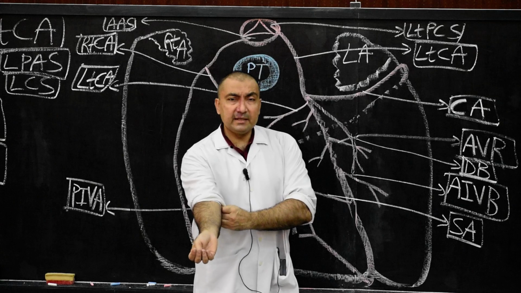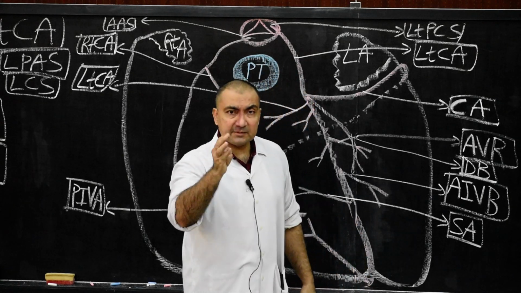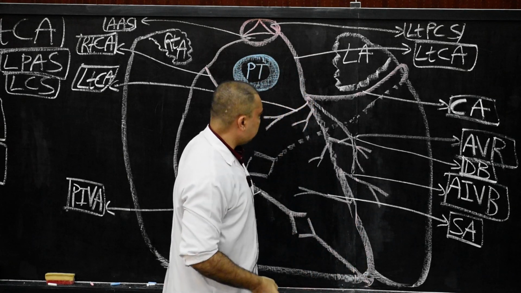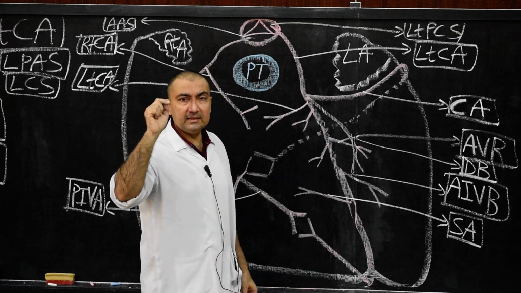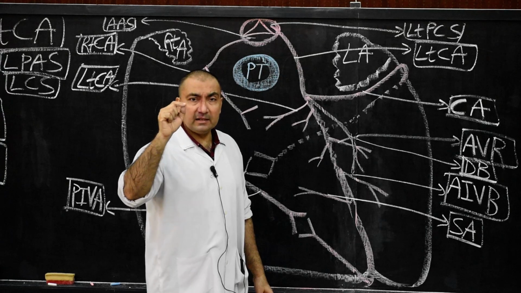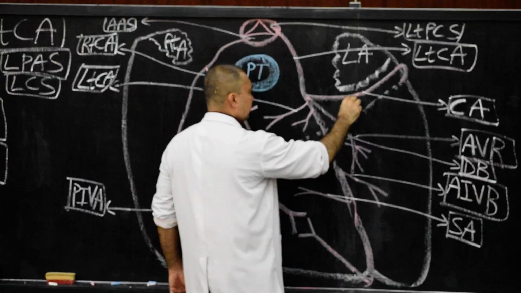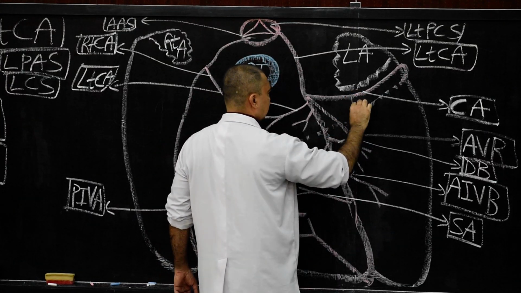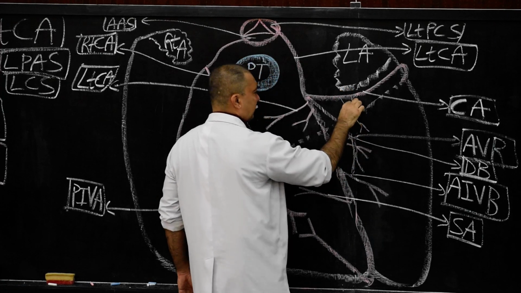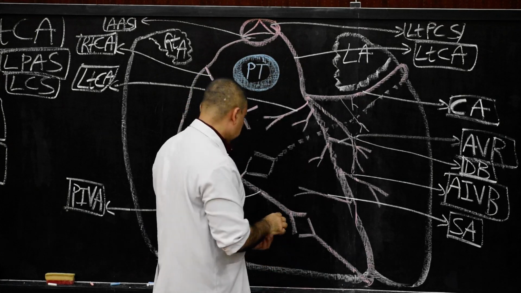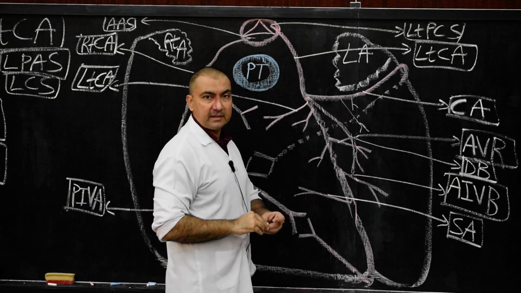The circumflex artery will give various branches, for example, the left atrial and ventricular rami. Here we show a few branches in the form of left atrial and ventricular rami. Very light branches, so we do not complicate the entire diagram.